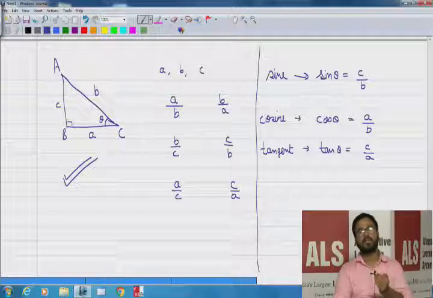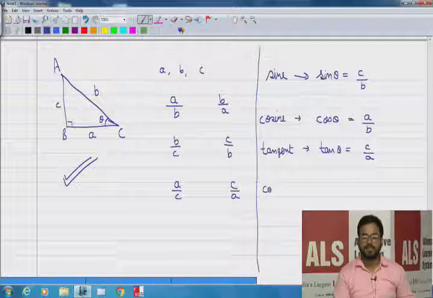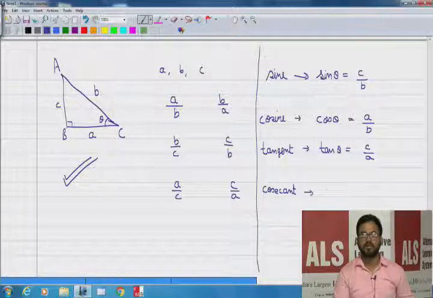Now the rest of the three are the reciprocals of these. The reciprocal of sine is cosecant, which we use as cosec.